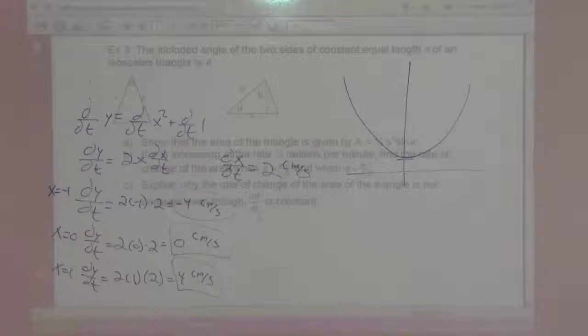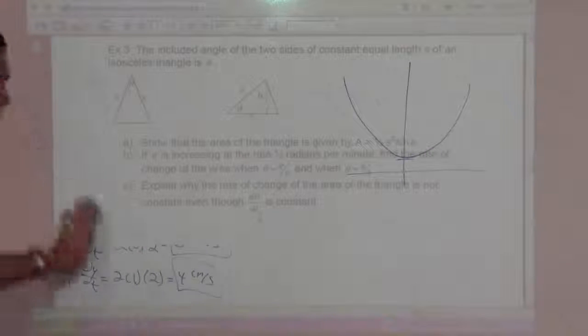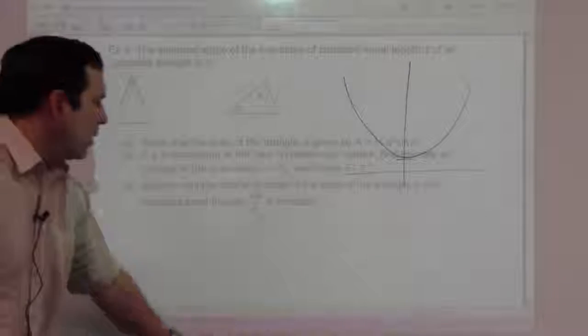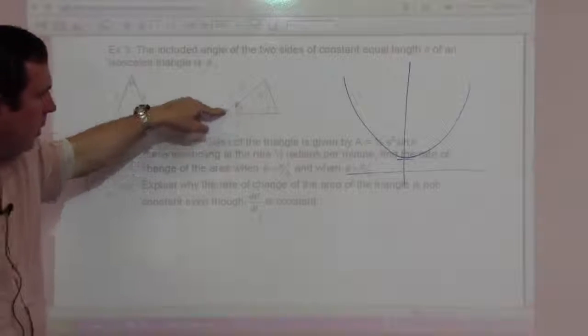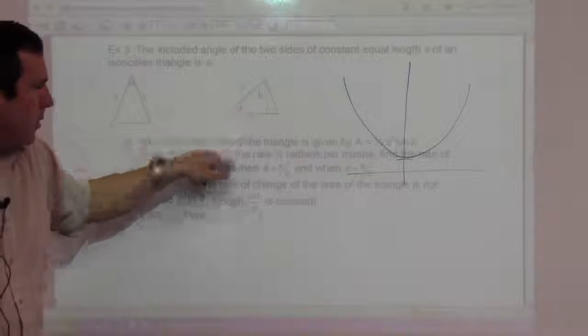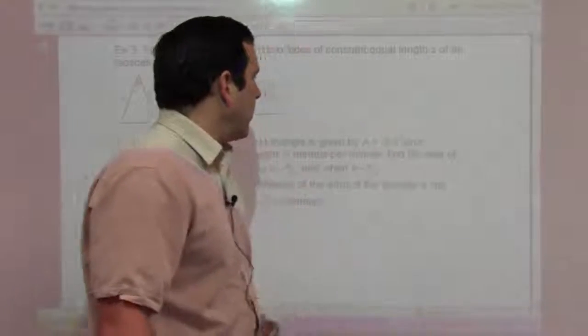Okay, here it says the included angle of two sides of a constant equal length of an isosceles triangle is theta. So here's the view in one direction, here's our theta, here's the other one, and there's the triangle. So two sides are of equal length.